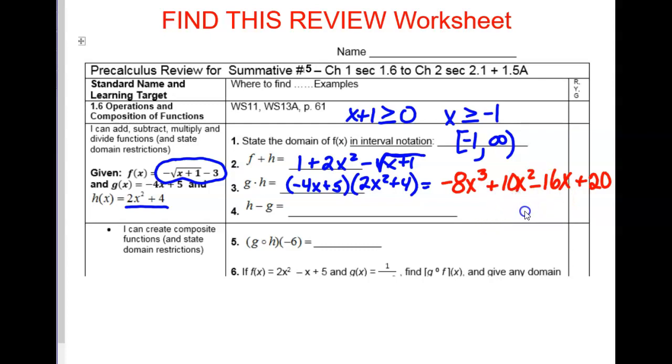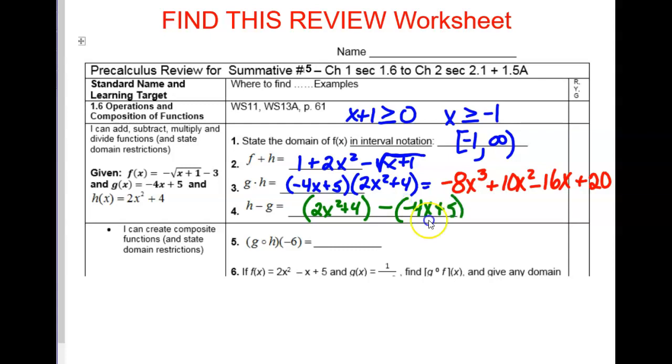All right, h minus g. Can anybody look at those and tell me why in the world a pre-calc student would get that question wrong? It says to take h and do what? Subtract g.